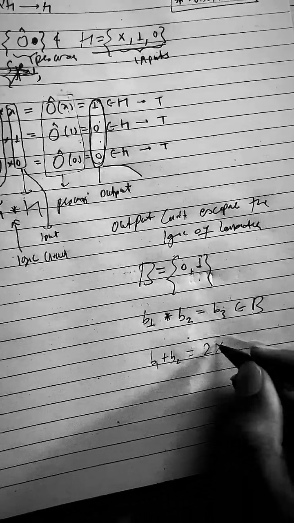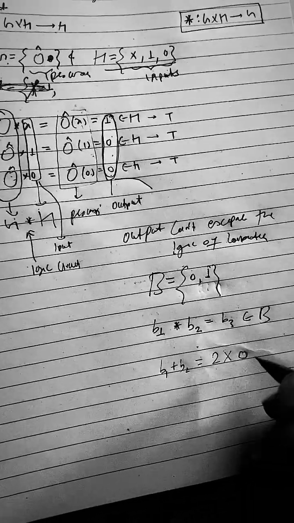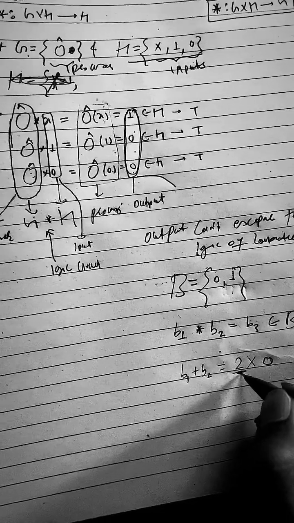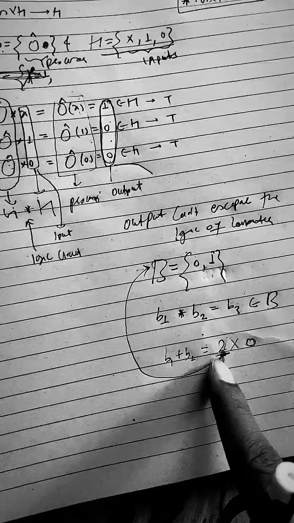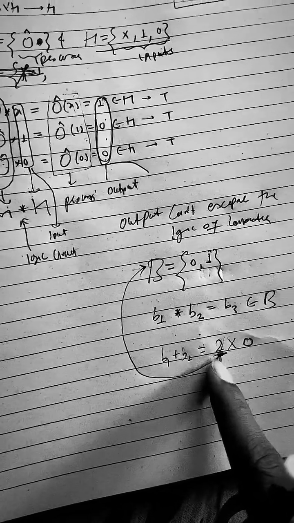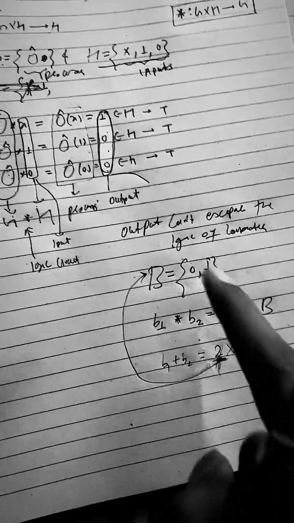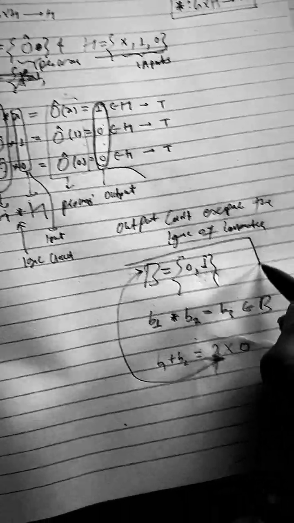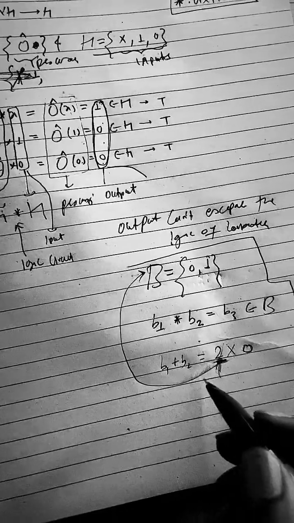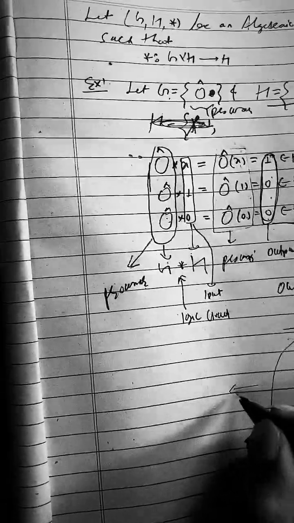It is not possible. It is false. Why? Because 2 does not belong to this set. It is a decimal number. So everything in this computer must be closed. It is called closure.